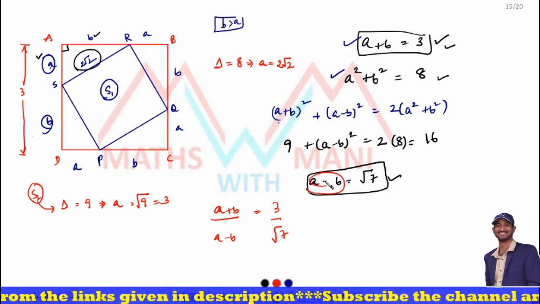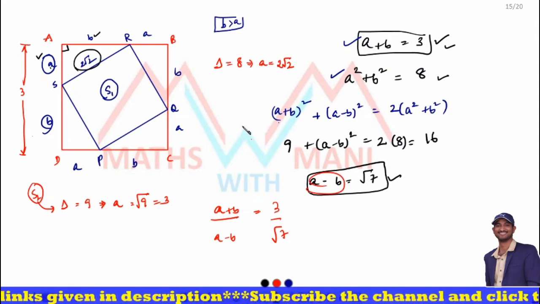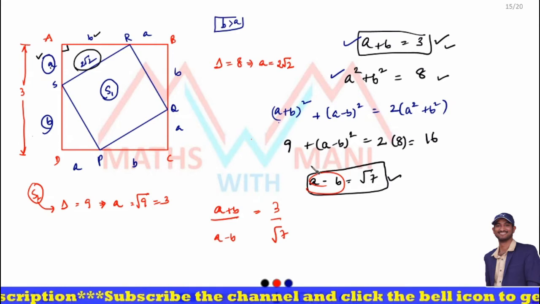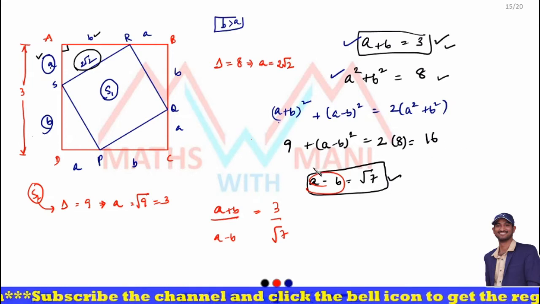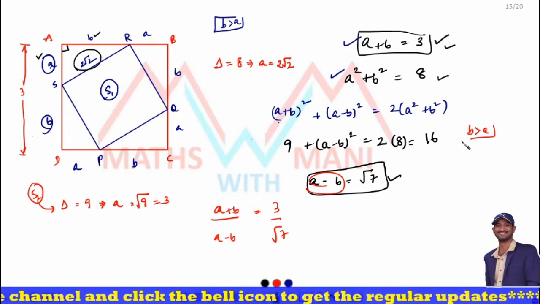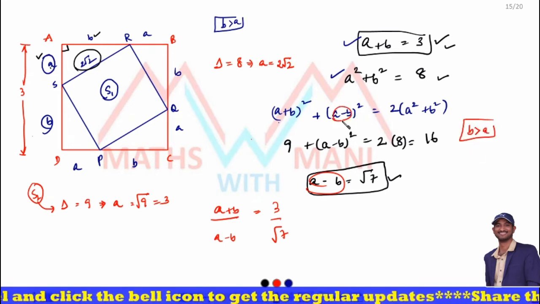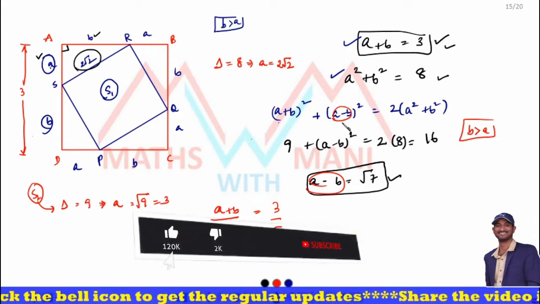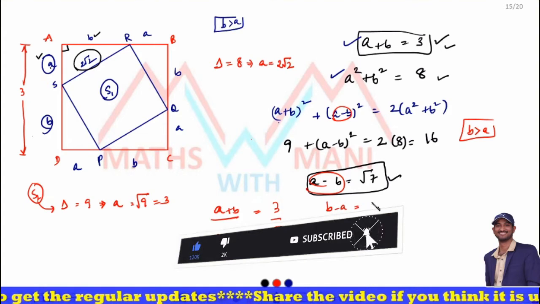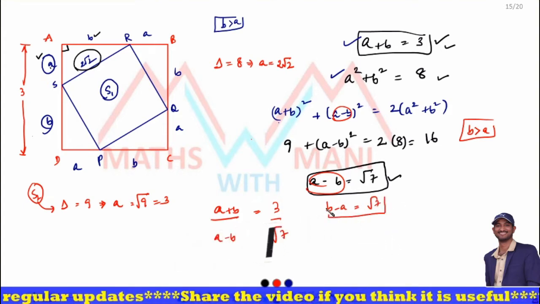We have to take b minus a, because the value should be positive, since a and b are distances. Since it is given b is greater than a, we know that (a minus b) whole square and (b minus a) whole square are same. So you have to take b minus a, not a minus b. That is the important thing.